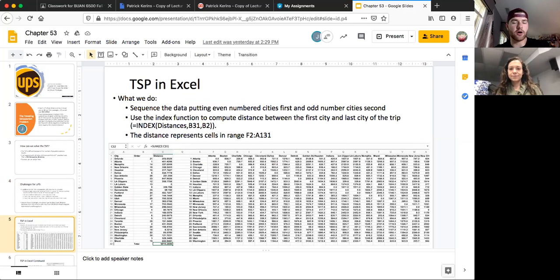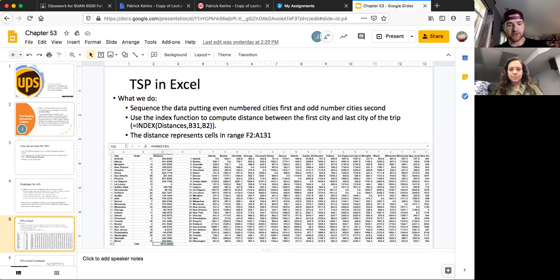Yeah, so the other big part about this TSP problem and the chapter itself was focusing on the TSP problem in Excel and its relation to us in class. Pretty much what they did was they started out with the city, order, and distance as the first three columns. From there, we then added the distance matrix down the path, from F to, I believe, AI31.